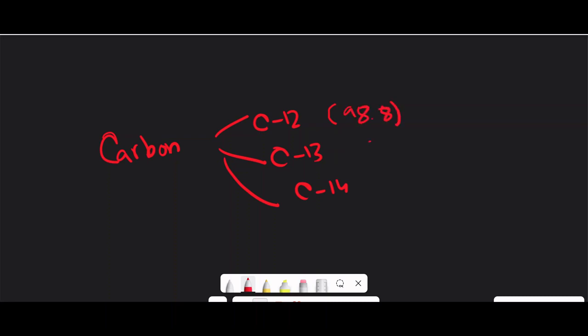For C13, it's 1.11%. C14 has the least relative amount, 0.01. Now, this makes more sense of why the atomic mass of carbon is 12.011, which means it's much closer to the C12 atom.